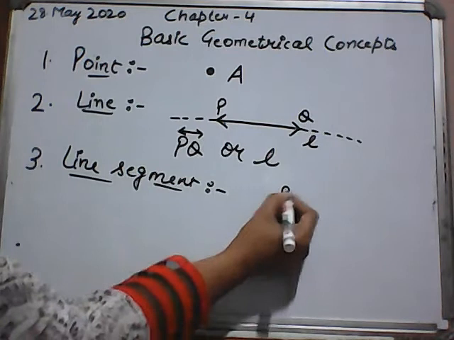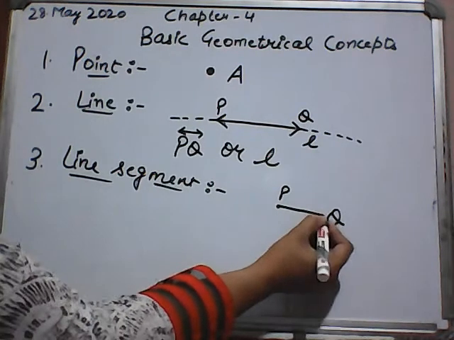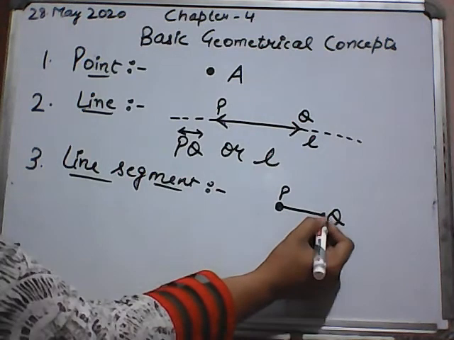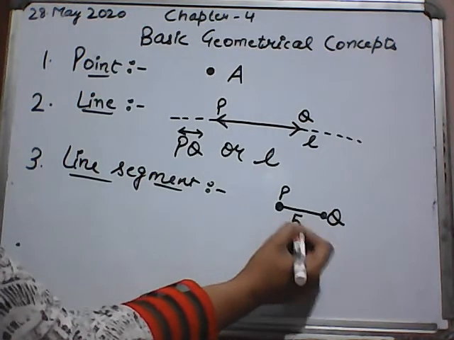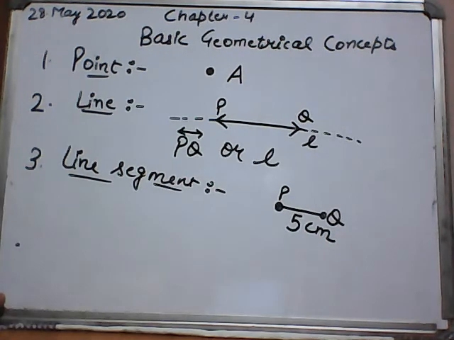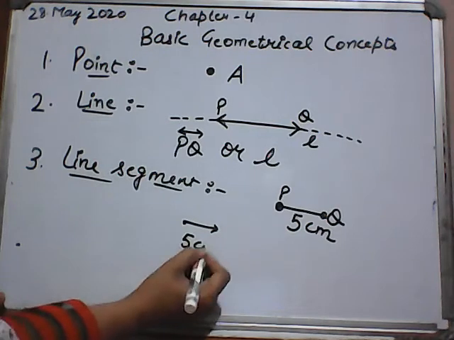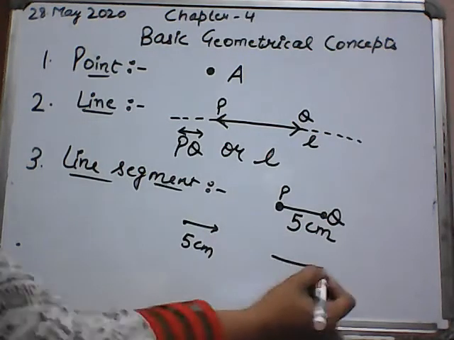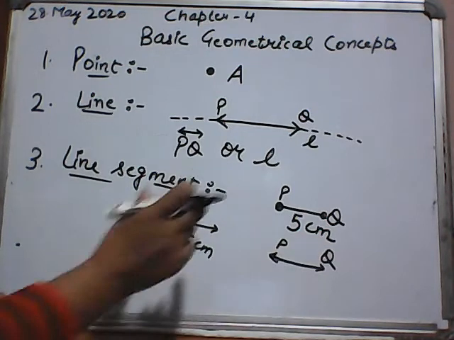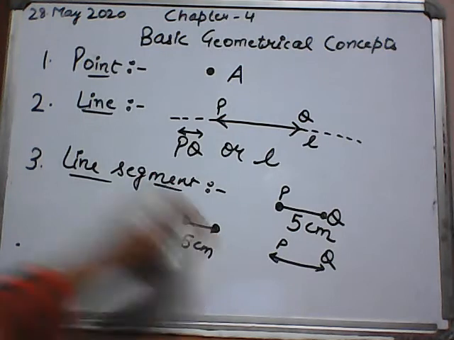If we have 2 points P and Q, it has fixed length and it has two endpoints P and Q. Suppose we draw a 5 centimeter line segment, if we draw from here, it is 5 centimeter, and if we draw from here, it is also 5 centimeter. It means a line segment's length is fixed. It has two endpoints.